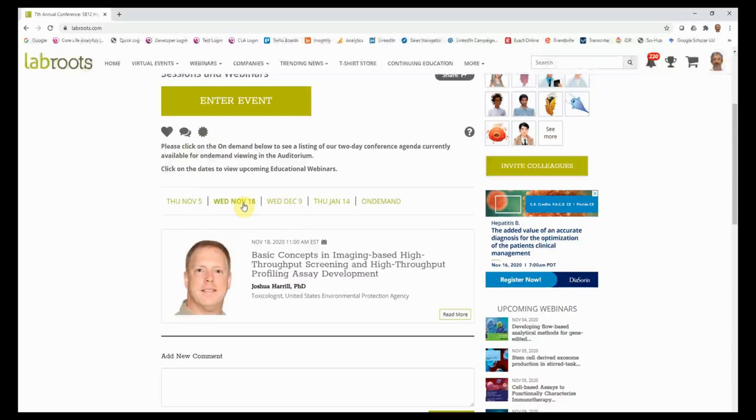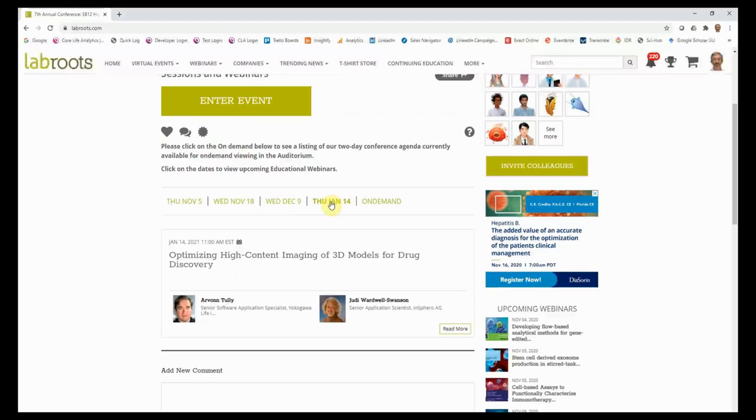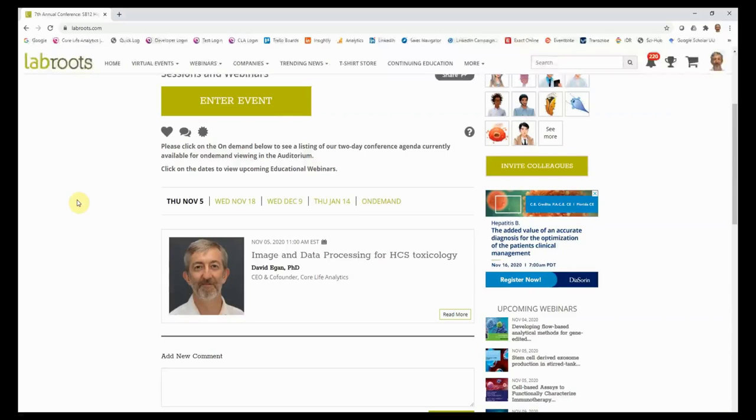There'll be one by Josh Harrell, who was mentioned during my presentation, and also Mark Anthony Bray, who was involved in the development of cell painting. Later on there'll be another one on 3D models for drug discovery. I highly recommend that you get on over to the Labroots website and register for these, because together all of these will give you a very nice package of information on high content analysis for various different applications.